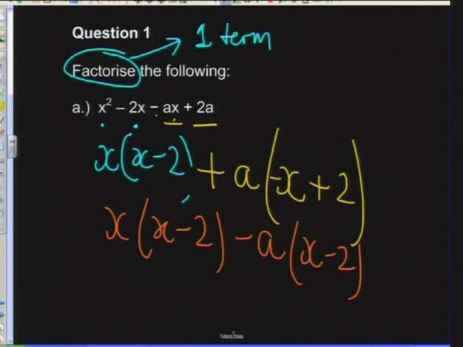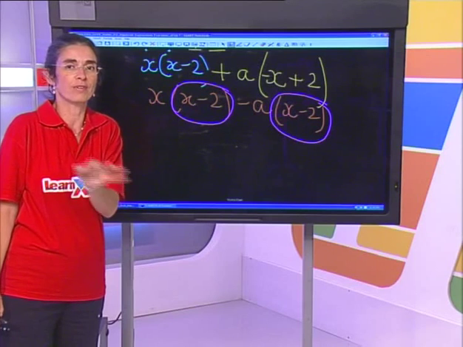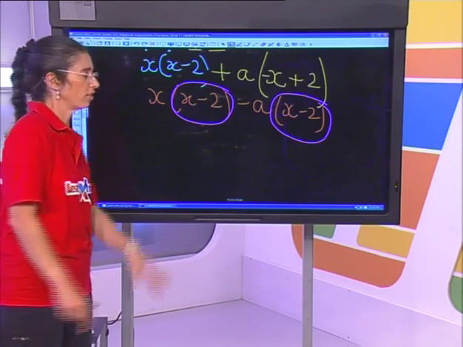In that way, I've now made, let's use this one. I've got this X minus 2 as now a common factor. So factors can be numbers, variables, and brackets. They can operate in 3 different ways.